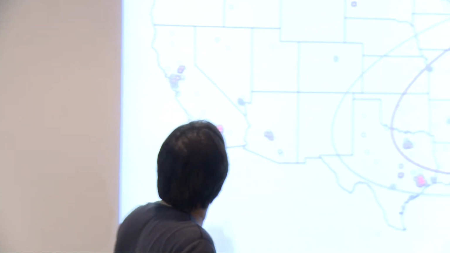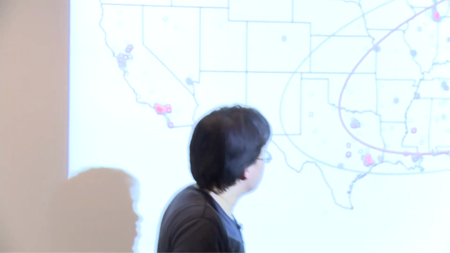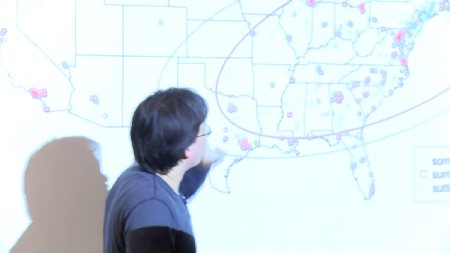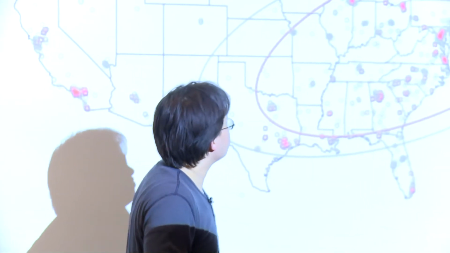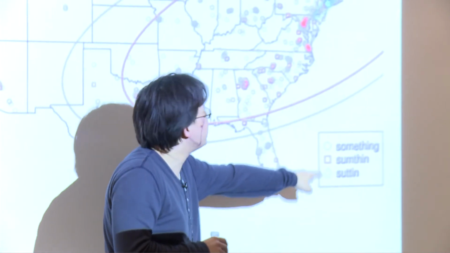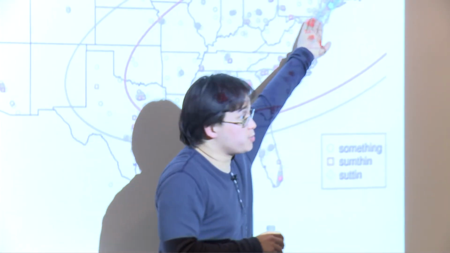The red is for a variant, sumthin. This tends to be more focused in these regions of the United States. And this teal one, which might be hard to see, is suttin, and that's incredibly specific to the New York area.